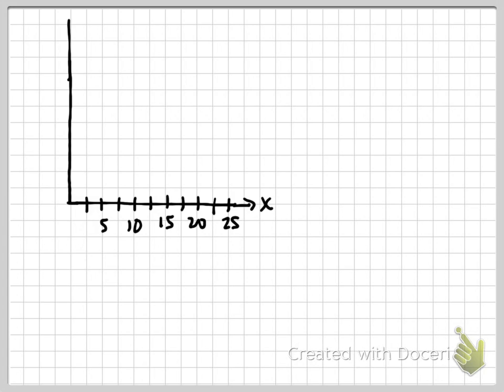And then on the other scale, we're counting by 2s. Oops, sorry, that's not what I wanted. That should be counting by 2. So 2, 4, 6, 8, 10, 12, 14, 16, 18, 20. So this is my y-axis, this is my x-axis.